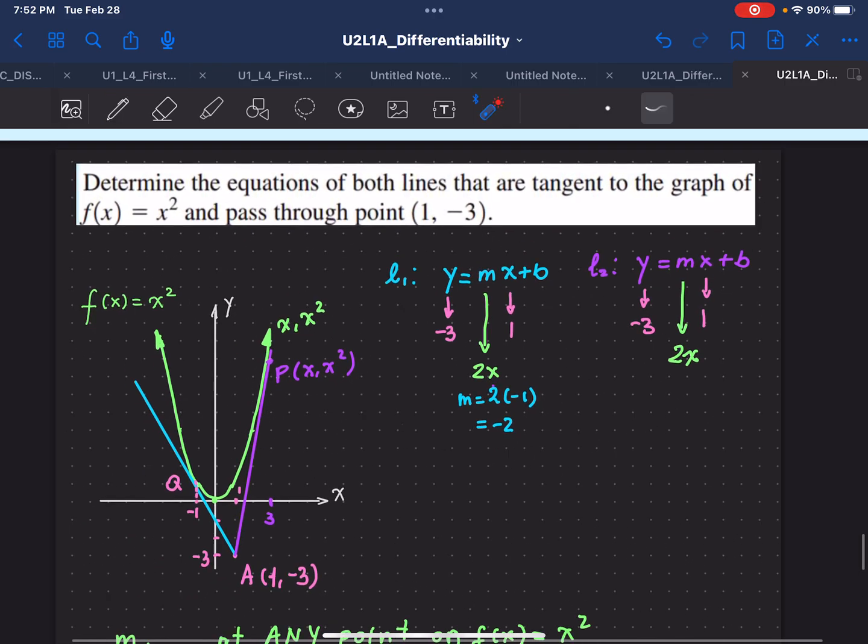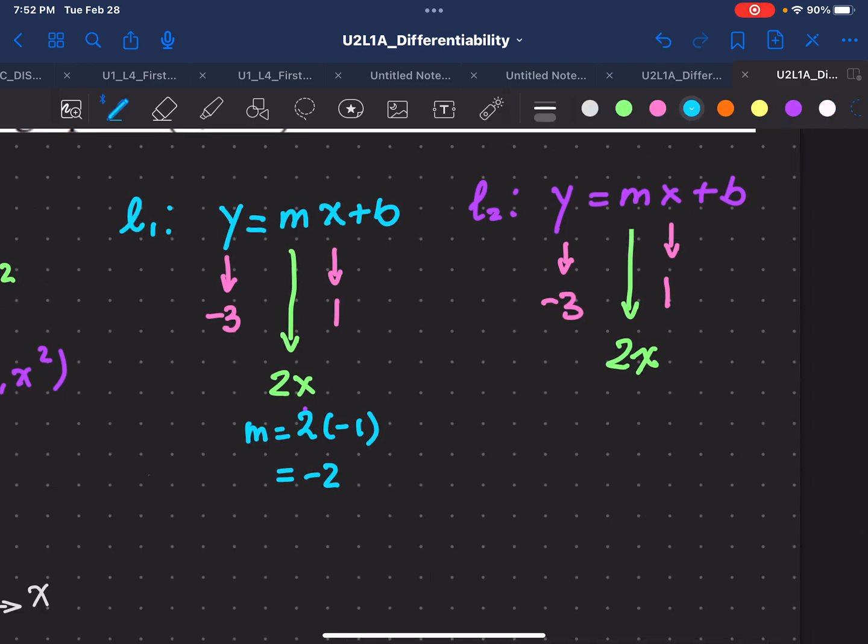And the tangent that is drawn at the point P will be at x equals 3. And the slope is 2x. But now we know what x values are where we are drawing the tangent, which means that the purple slope here would be equal to 2 times positive 3, or the slope would be 6.